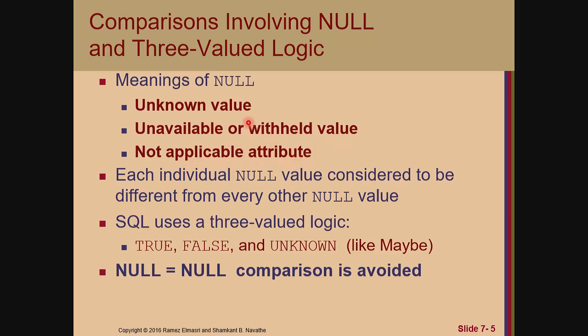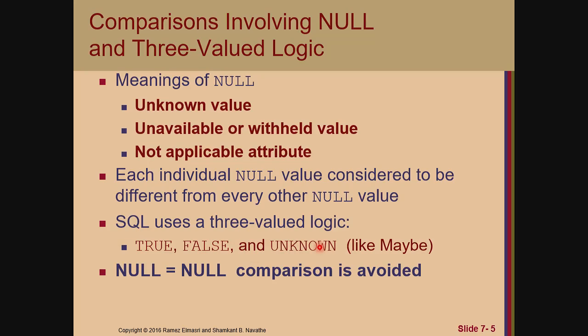This means nothing, okay, nothing in the field. Each individual null value is considered to be different from every other null value. And SQL uses a three-valued logic: true, false, and unknown.